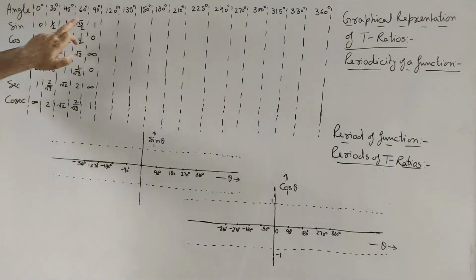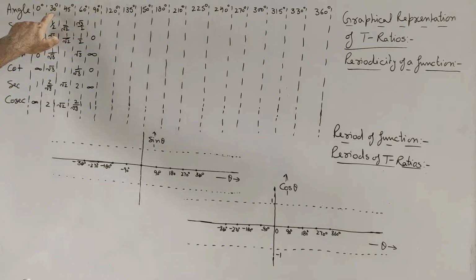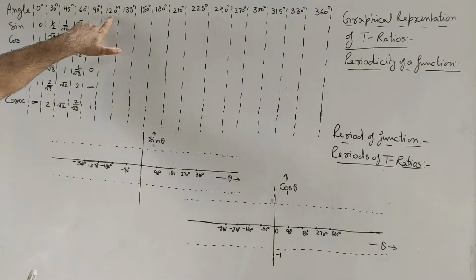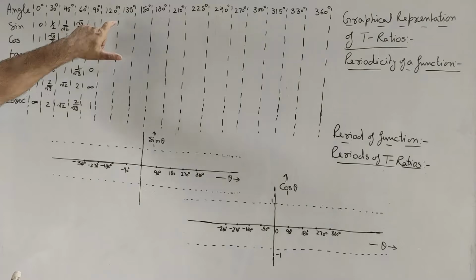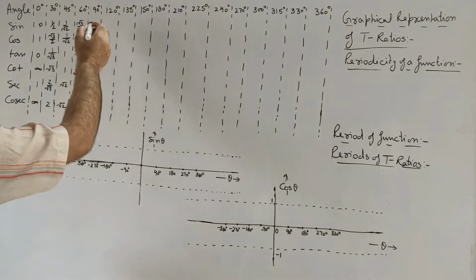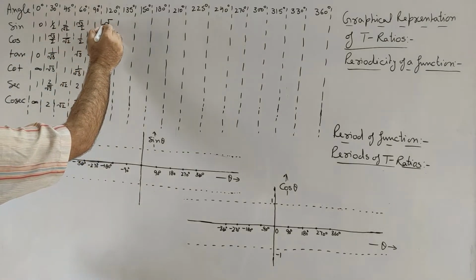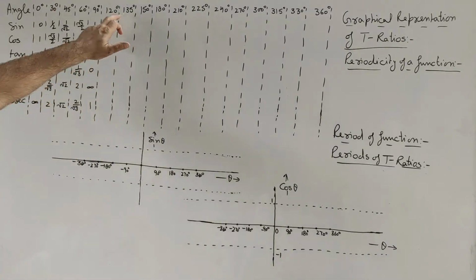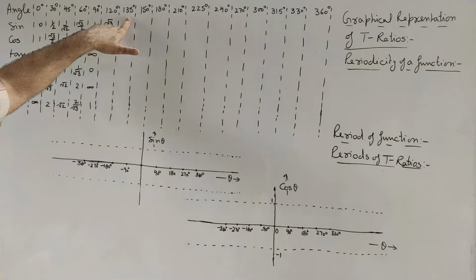So first say we want to find out sine 90 plus 30. 90 plus 30 means lie in second quadrant, and in second quadrant sine and cosec will be positive while rest all T ratios will be negative. So sine 90 plus 30 will be cos 30, and cos 30 is root 3 by 2. So sine 120 will be root 3 by 2. Now we come to 135, then it will become 90 plus 45.